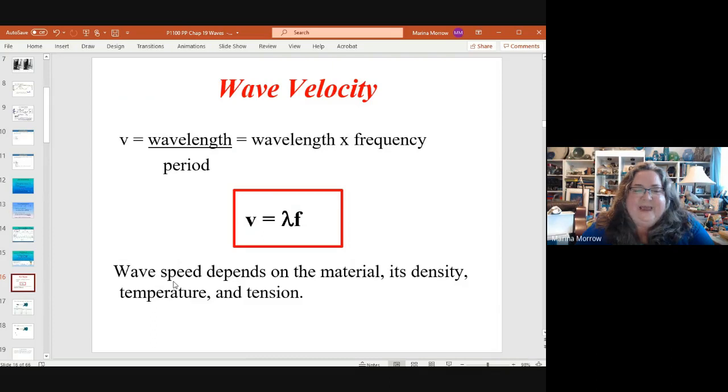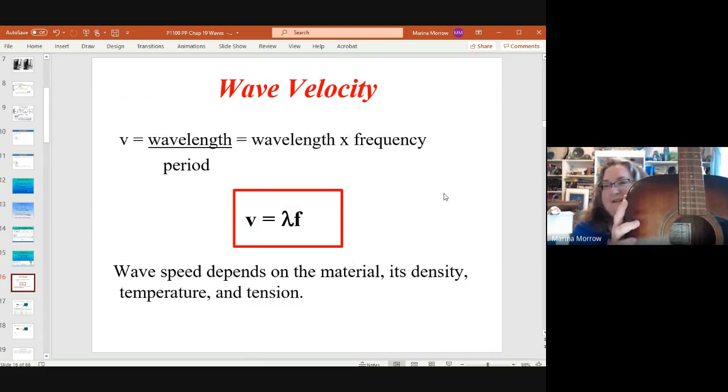Now, the wave speed depends on the material, the density, the temperature, and the tension. So one of the things about a guitar is it's an excellent thing for studying that. Guitars have strings that are not all the same.